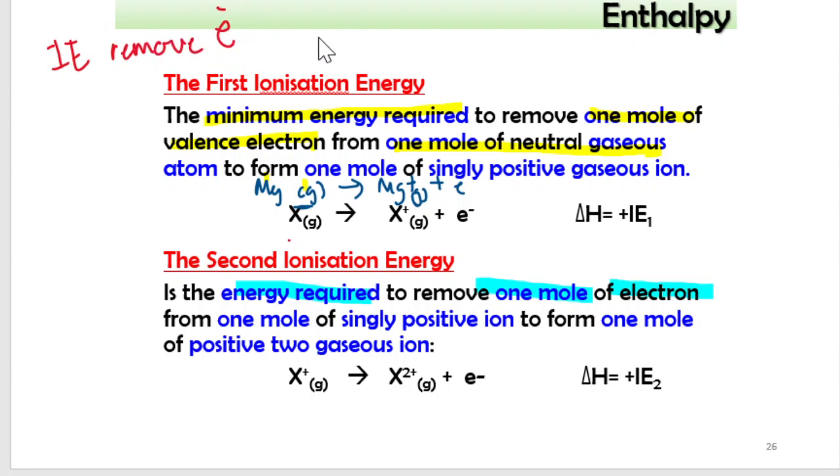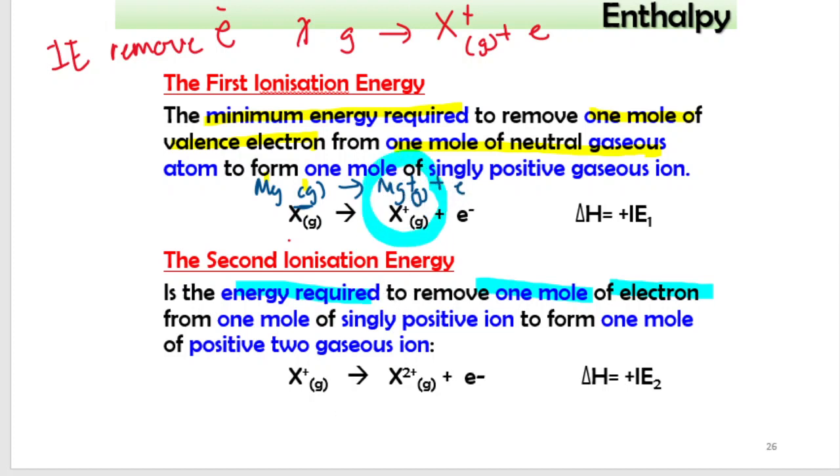So maksudnya daripada gas atom, okay, you remove 1 electron, and you will form positively charged gaseous ion.